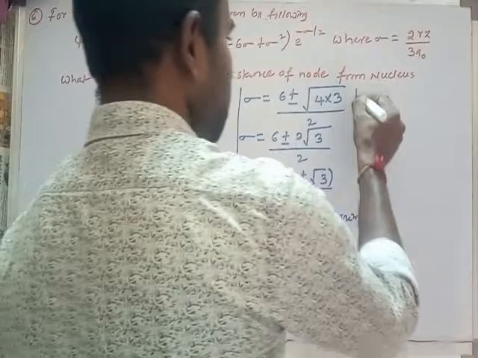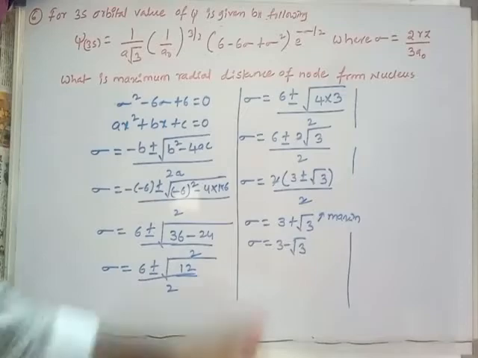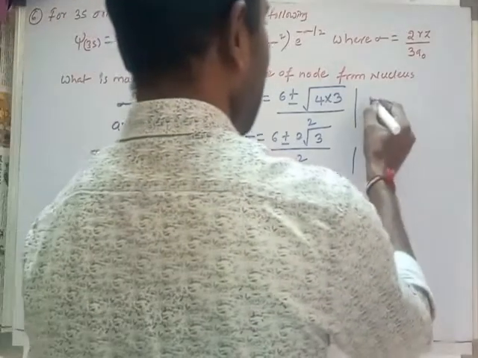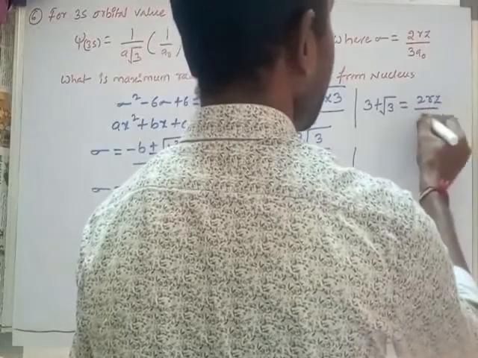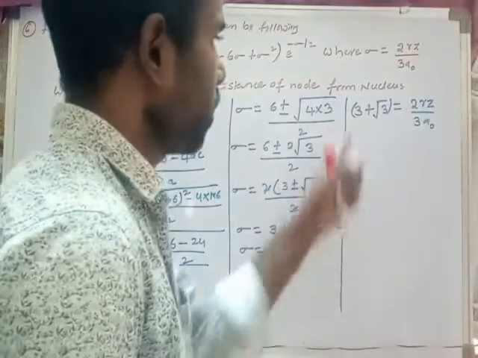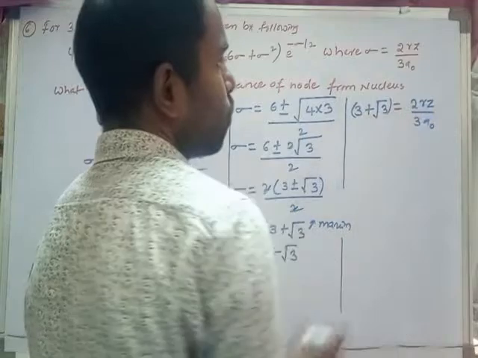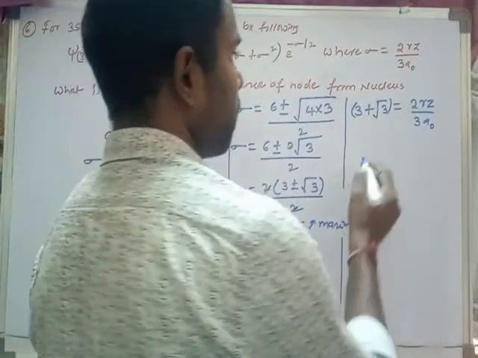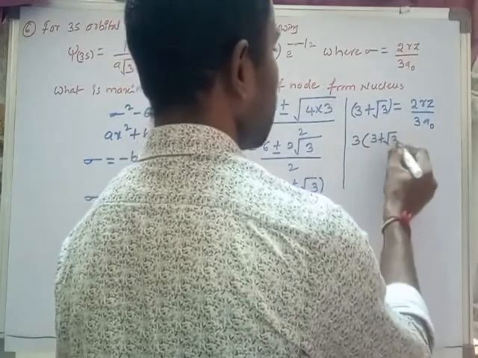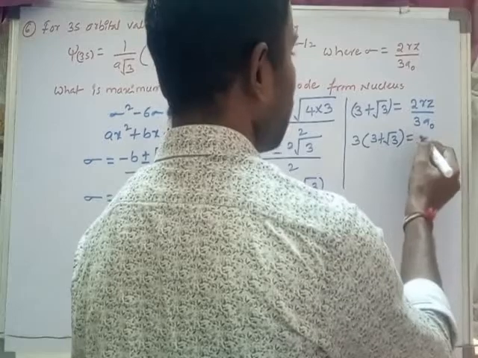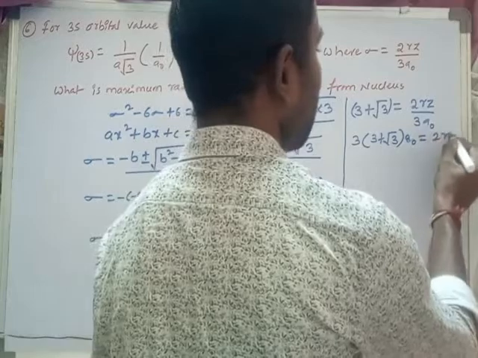Now see here, they have given equation sigma equal to 2rz by 3a naught. Now in the place of sigma you can substitute 3 plus under root 3. Now 3 plus under root 3 equal to 2rz by 3a naught. Okay, now see here, 3 plus root 3 equal to 2rz by 3a naught. So from that, what we can write, 3 into 3 plus root 3 into a naught equal to 2rz.